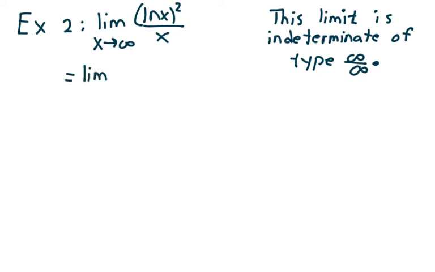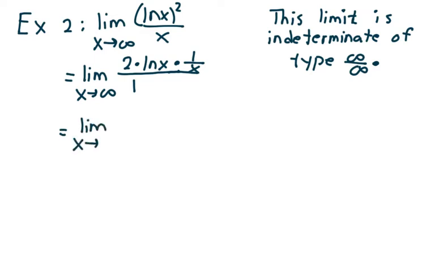And so this is the limit as x goes to infinity. The derivative of the denominator is 1. The derivative of the numerator is 2 times natural log of x, right, times the derivative of natural log of x, which is 1 over x. So this is the limit as x goes to infinity. Now, I'm going to write this previous line as 2 natural log of x divided by x. So I'm just going to slide that x over into the denominator.